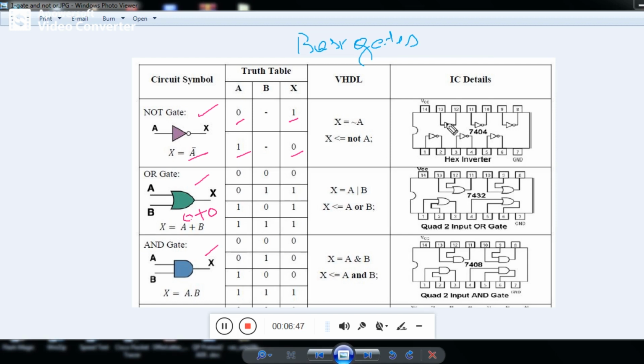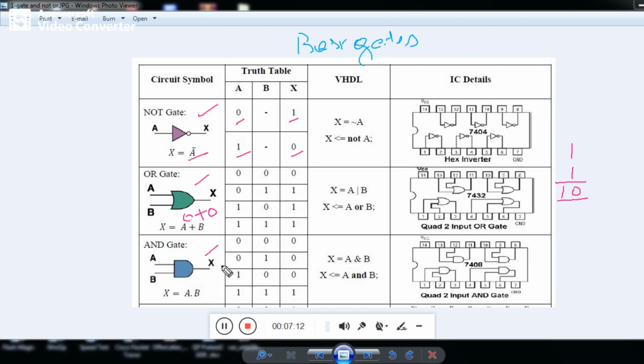Then what is 1 plus 1? In the OR gate, 1 plus 1 we take as 1. When both inputs are 1, output is 1.